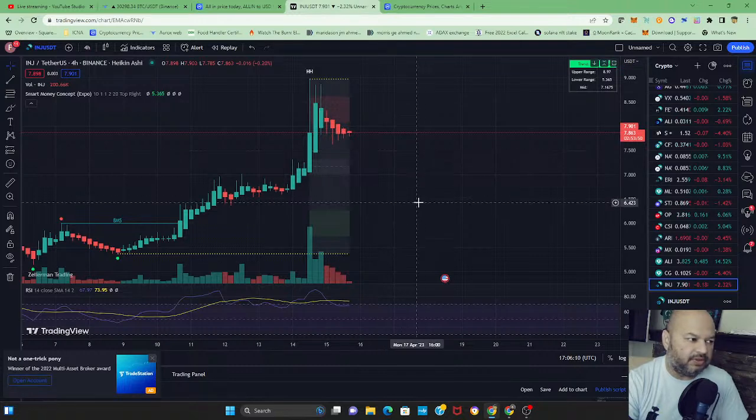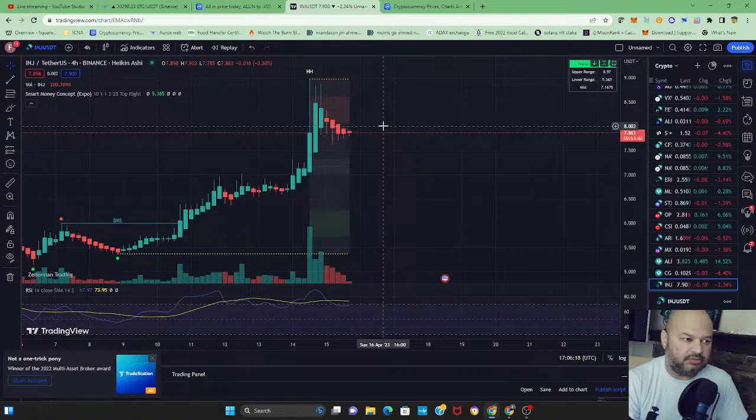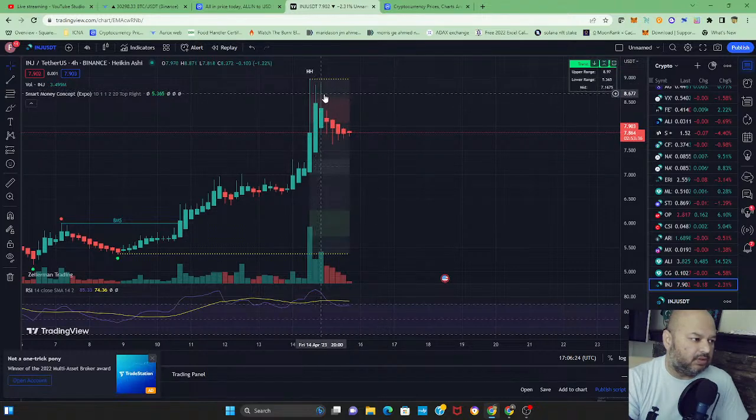But in this video we are not looking at the fundamentals or what the projects are, but we are purely looking at the price action, the technical analysis on all these coins. So for Injective, you can see that we are in the range. We just dropped down from the red zone.